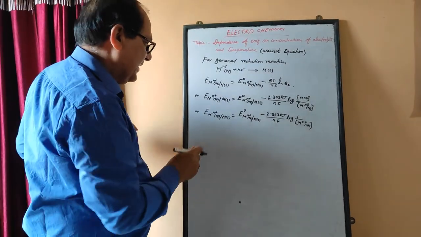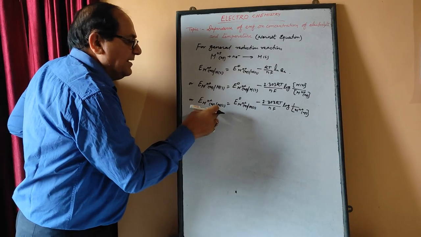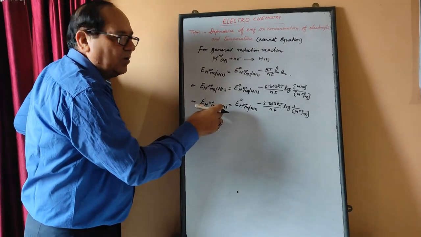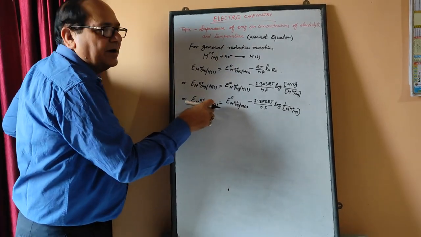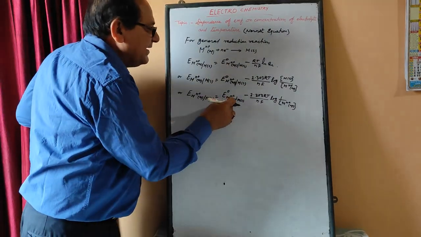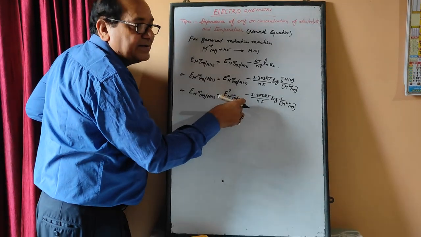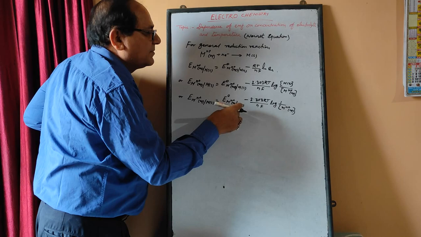Here E of Mn+/M is the electrode potential. You can note down that E of Mn+/M is equal to electrode potential, and E naught of Mn+/M is the standard reduction electrode potential.